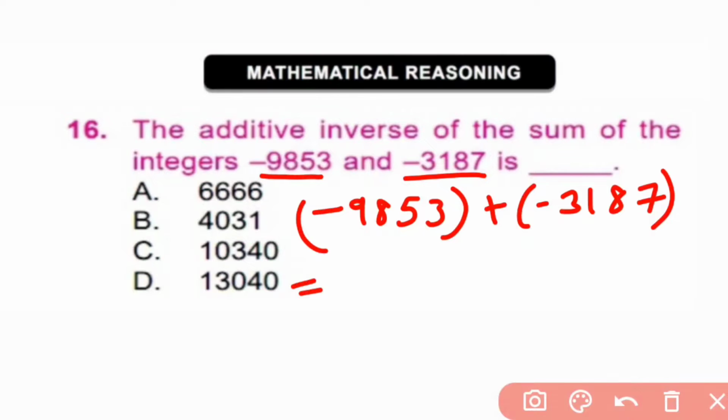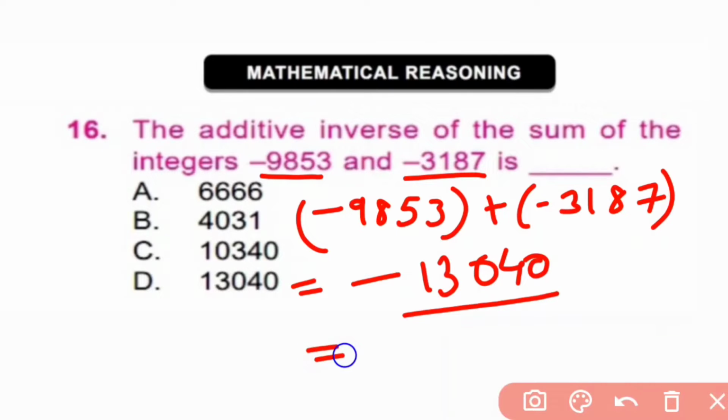Minus becomes plus and the sign remains minus, and the addition of these two will give 13,040. Additive inverse means the same number with the opposite sign, so the additive inverse of minus 13,040 is plus 13,040. So here D is the correct answer.